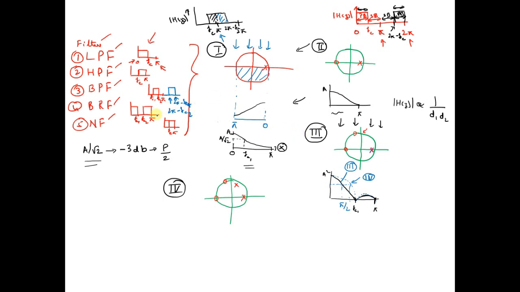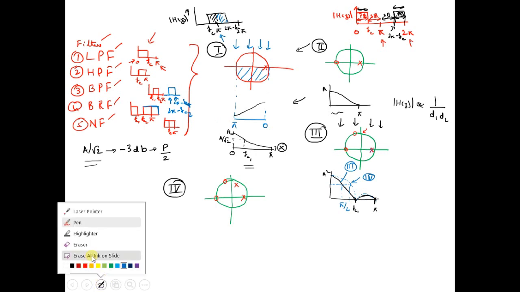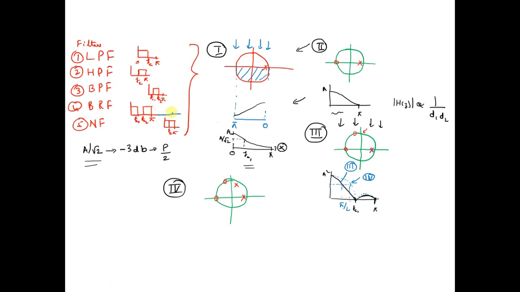Similarly, in the band reject filter you will get a similar kind of response, till 2 pi, with 2 pi minus fc1 and 2 pi minus fc2.